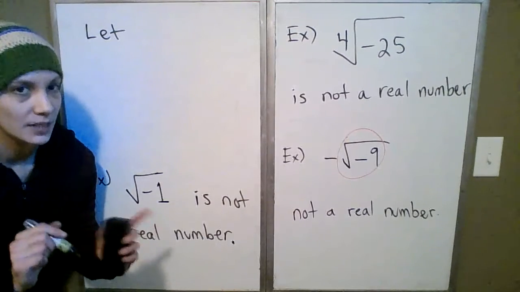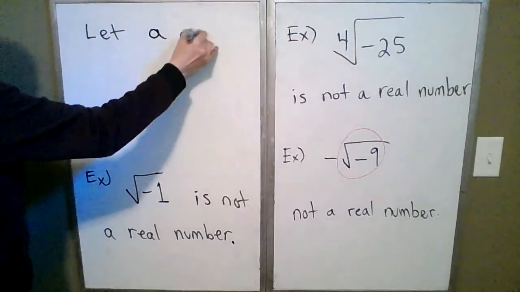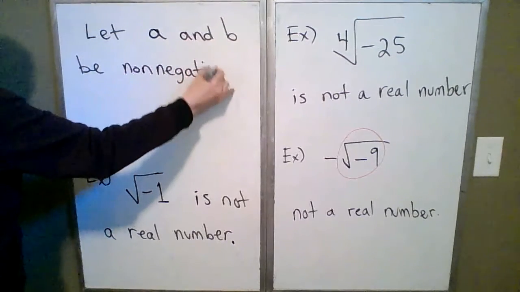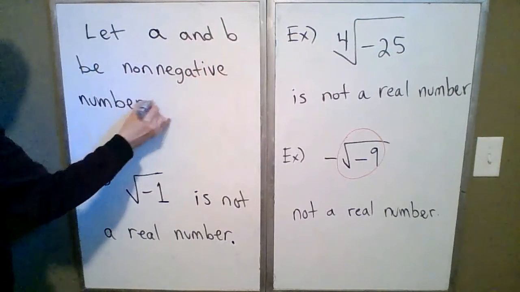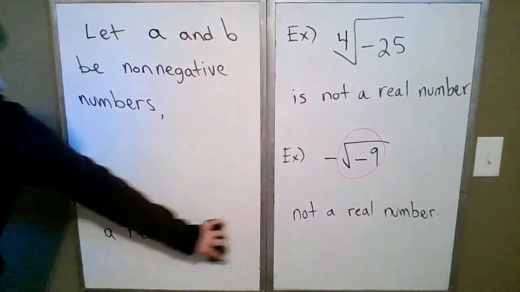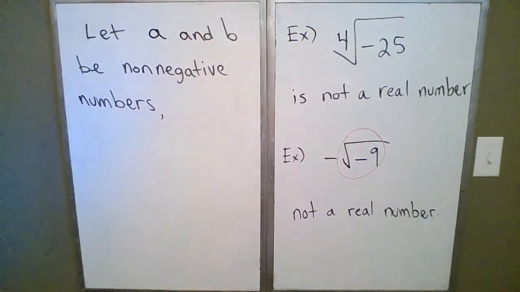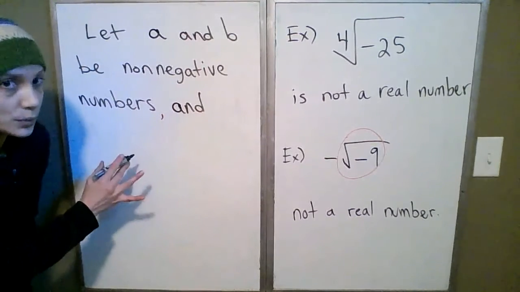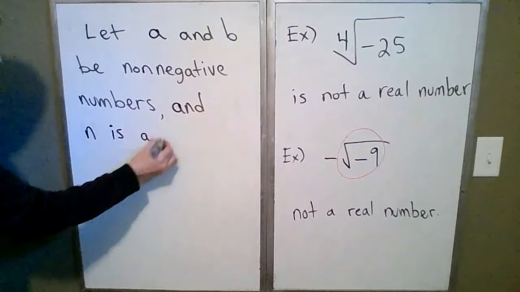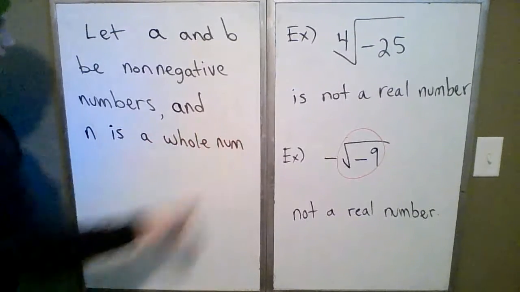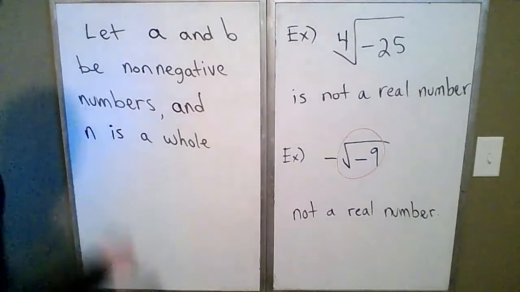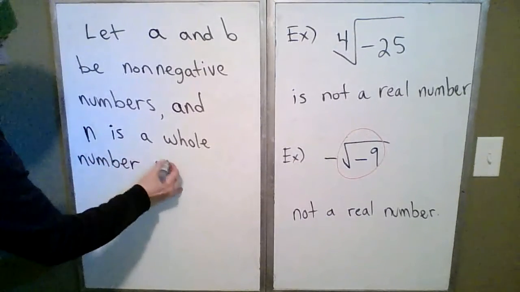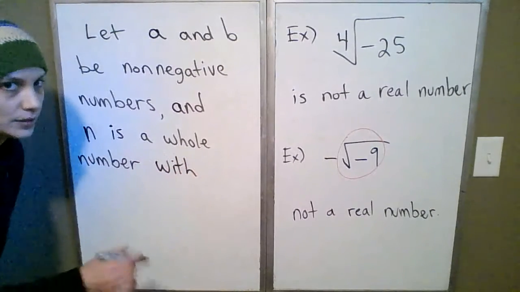Let a and b be non-negative numbers, and the root n is a whole number with n greater than 1.